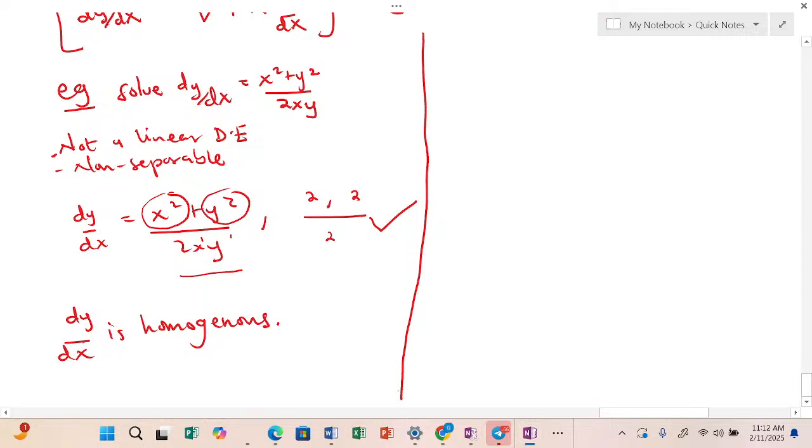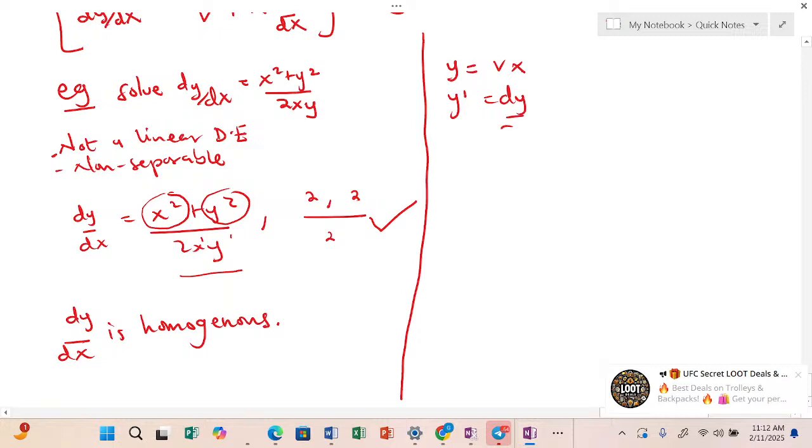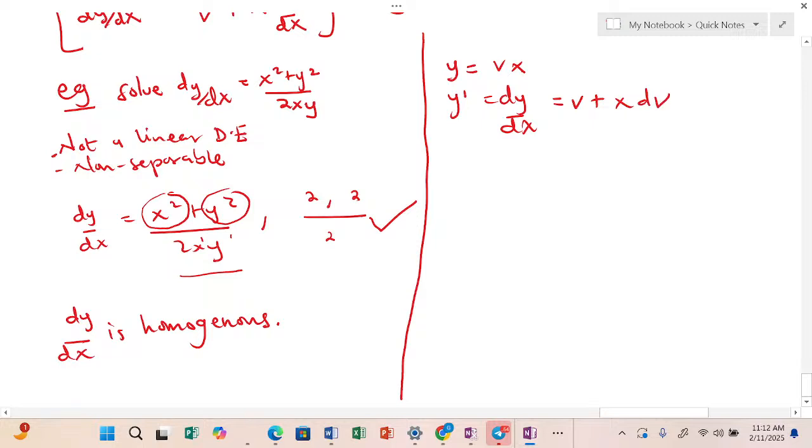So now that we know that it's homogeneous, we effect two substitutions where y is equal to vx and then y prime, which is dy/dx, is equal to v plus x dv/dx. So wherever we come across dy/dx, we put in this expression, and whenever we come across y, we put in this expression, star and then star star.